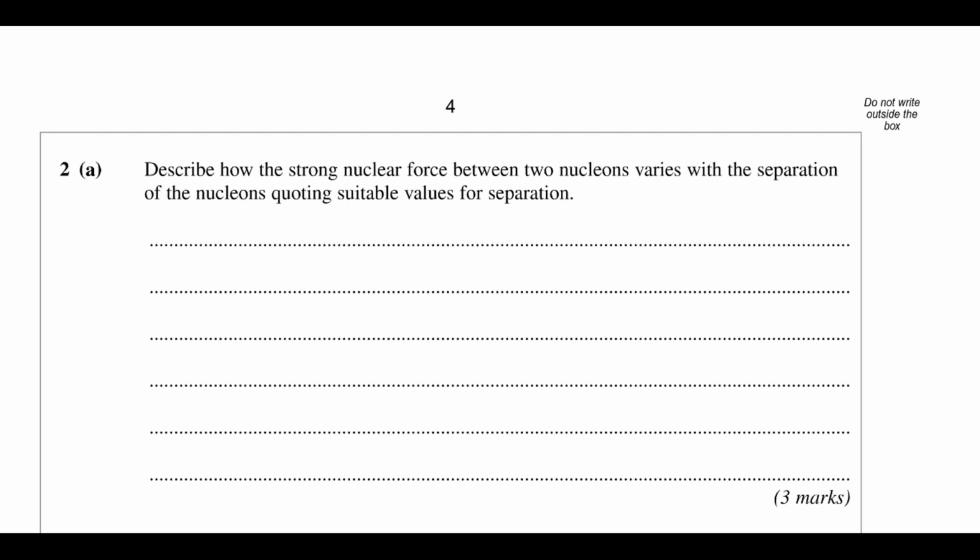So let's just do a quick sketch. So the diagram essentially looks like this. So above it's repulsive, down here it's attractive. So I'm just going to do this in bullet points. So separation is less than 0.5 femtometers. You should always write this out in full, by the way.